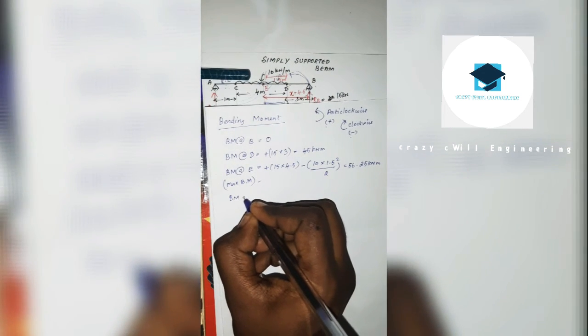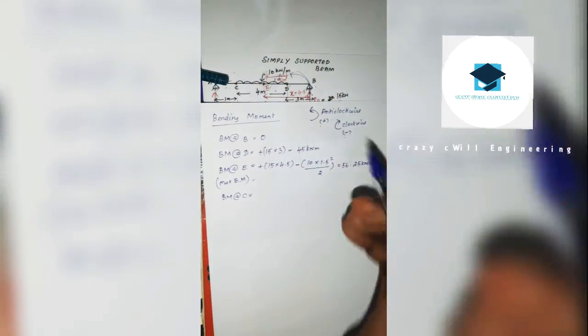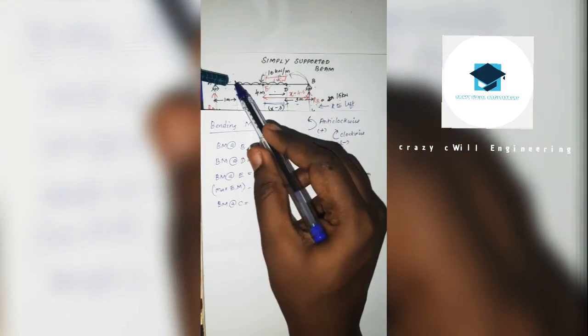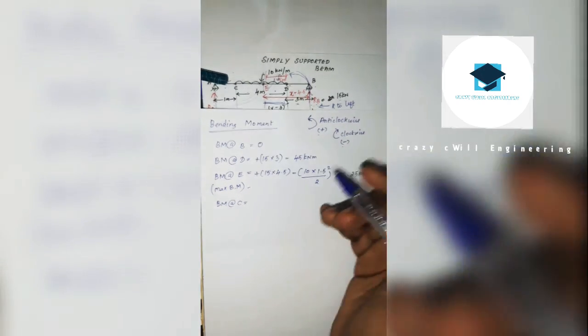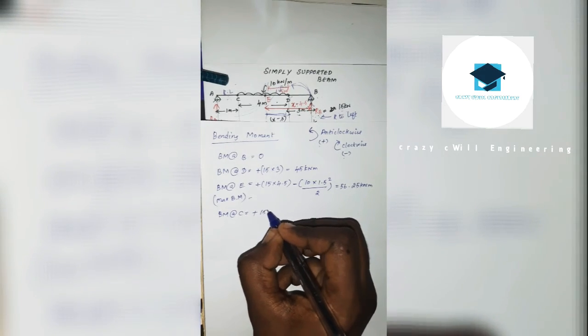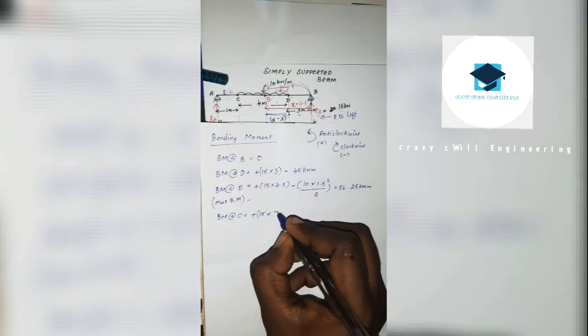Bending moment at C equal to, here C point. RB is acting anti-clockwise towards C. So anti-clockwise means positive. 15, distance is 4 plus 3, 7.